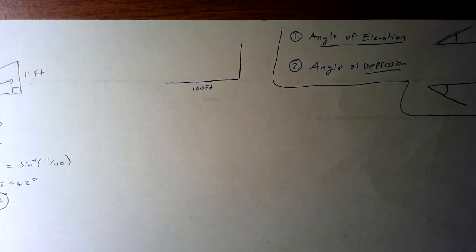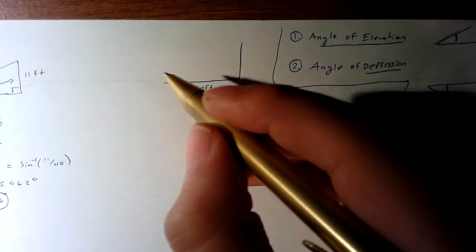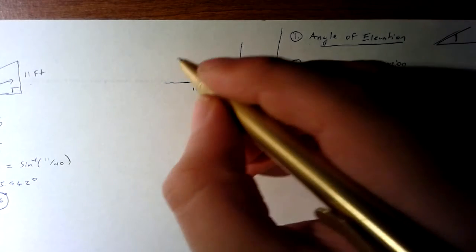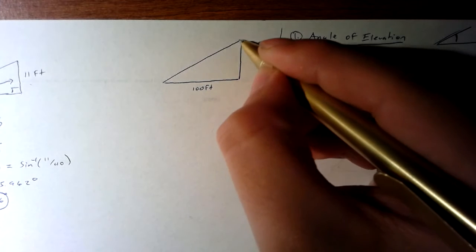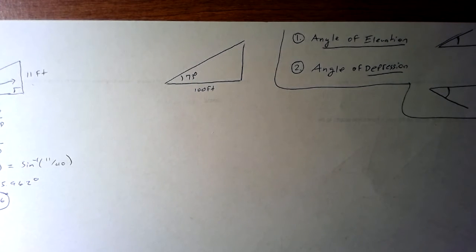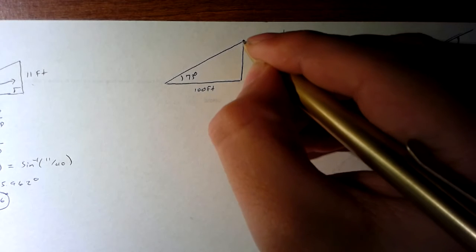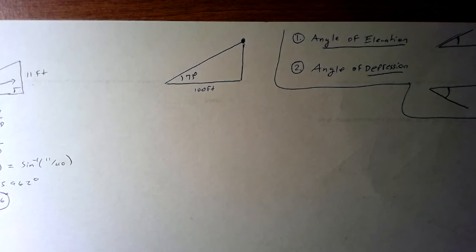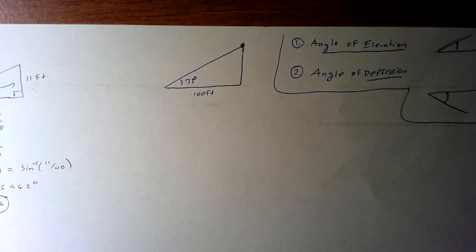It says that she looks up at an angle of elevation of 73 degrees. So that's going to look like that, 73 degrees, and sees a window washer hanging on the side of the building. So the window washer is up here, I'll put a dot there. Her eyes are 5 feet above the street.